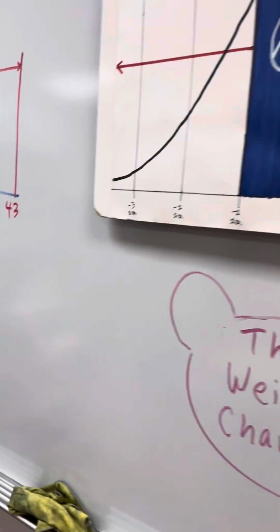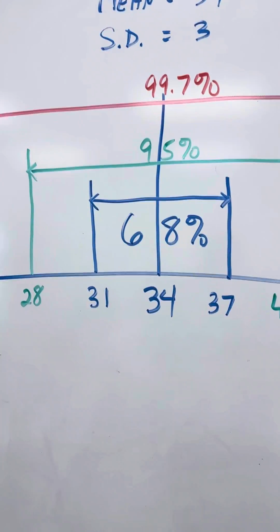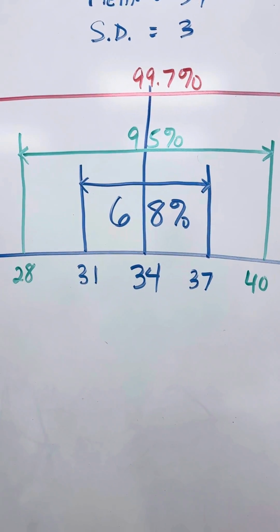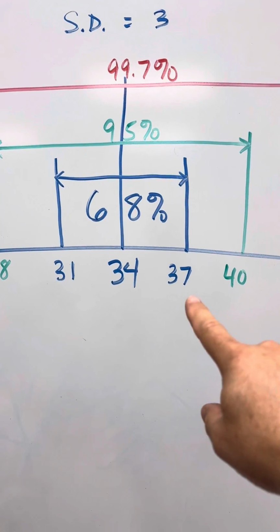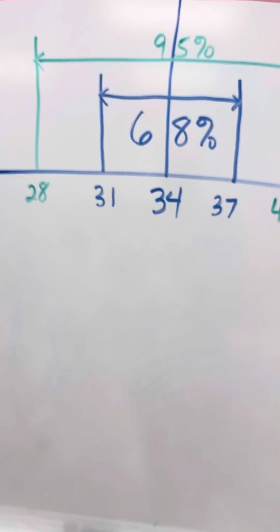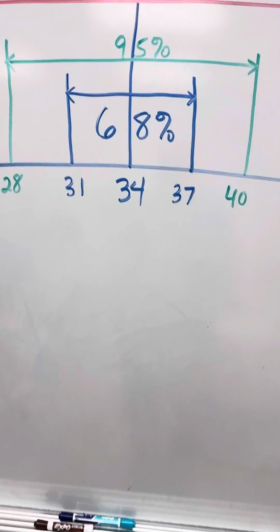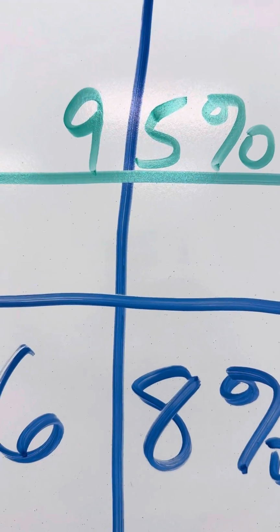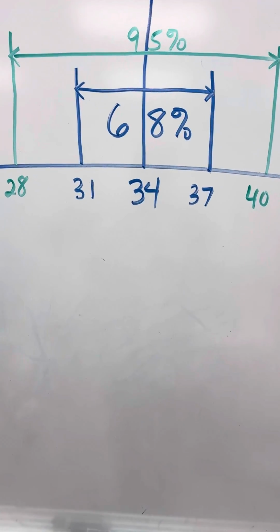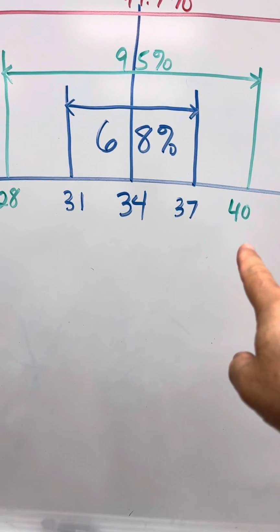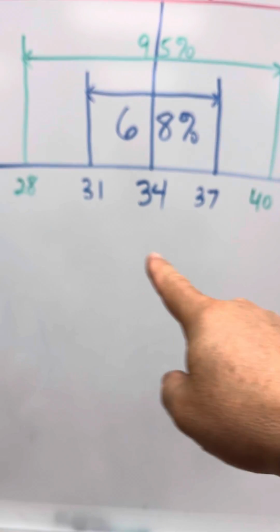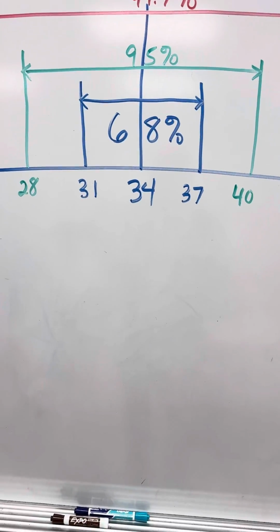So once again here, 2 standard deviations from the mean would be 40, because another 3 from 37 would be 40, and another 3 less than 31 would be 28. That would be 95% of the data. If I said what data points are 95% of the data, you would say between 28 and 40. If I said what percent of the data is between 28 and 40, you'd say 95%.